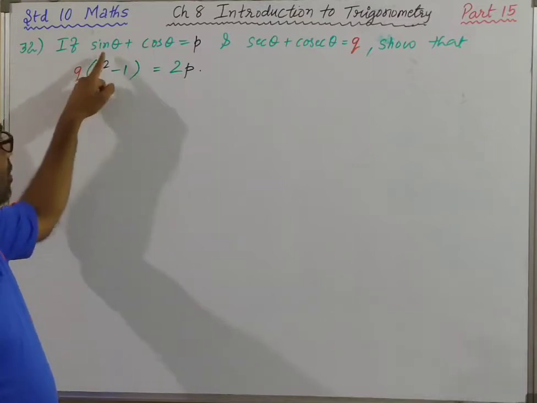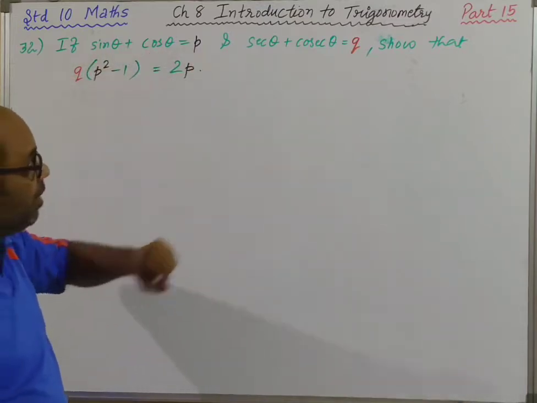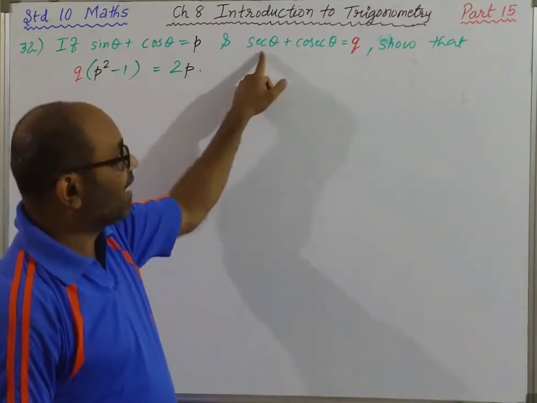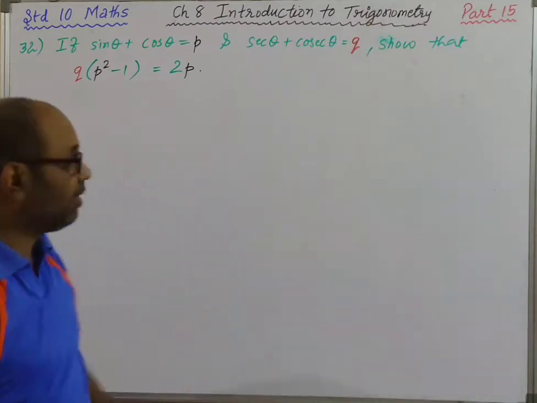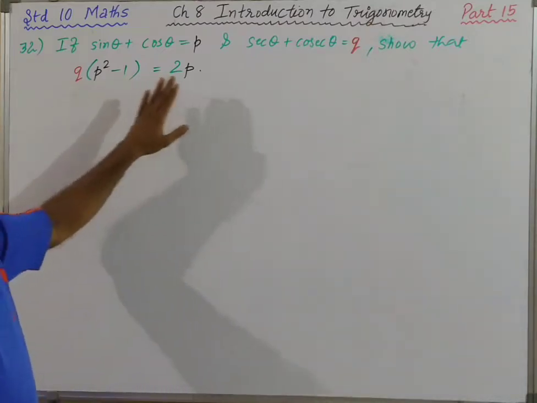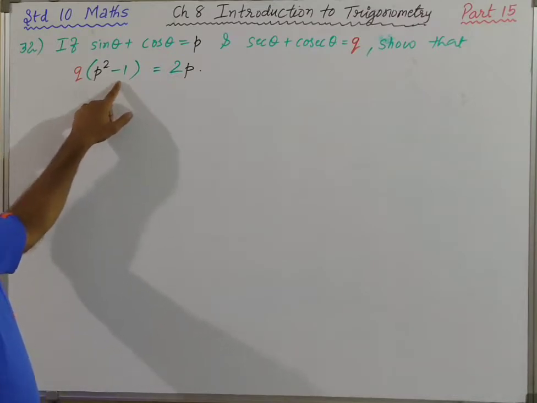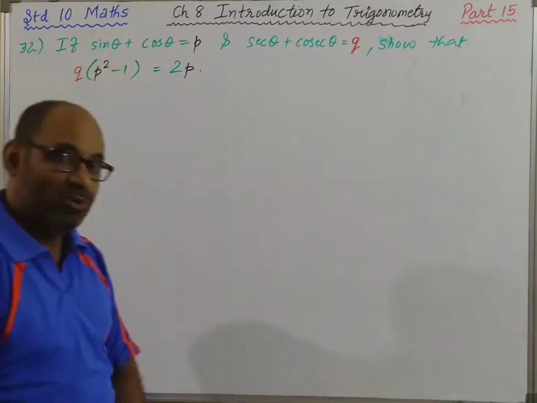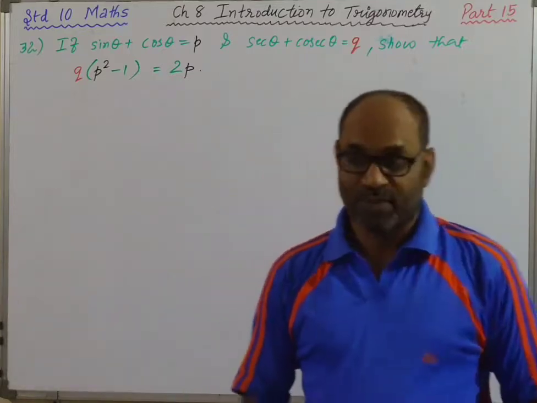If sine theta plus cos theta is equal to P and sec theta plus cosec theta is equal to Q, then show that Q into P square minus 1 is equal to 2P. Children, be very careful.